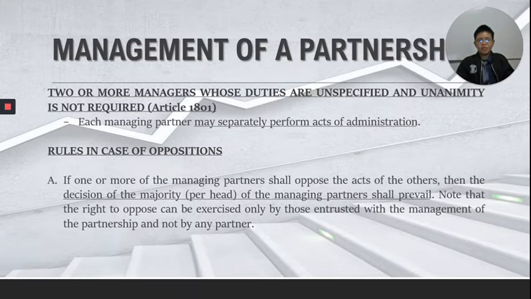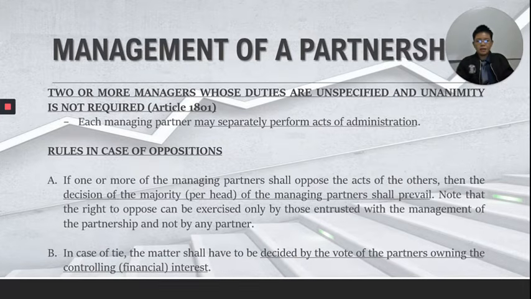So, anong gagawin natin ngayon if there is a tie? The matter shall have to be decided by the vote of the partners owning the controlling financial interest. Meaning, isama na natin yung mga ibang partners. So, hindi lang ito ang boboto, pati ito na isang ordinary partner or non-managing partner, boboto na siya. And remember, class, that the matter will be decided by the financial interest of the partners.